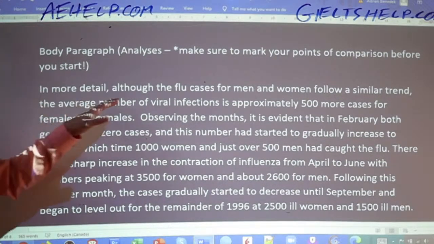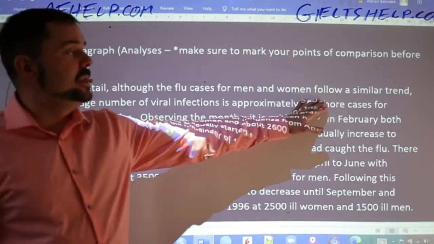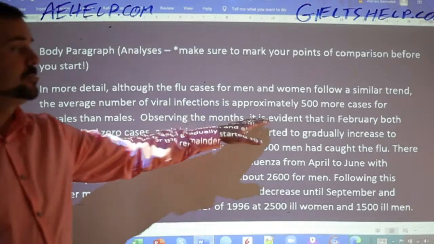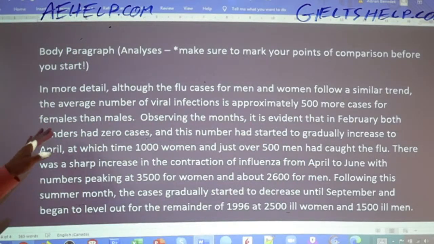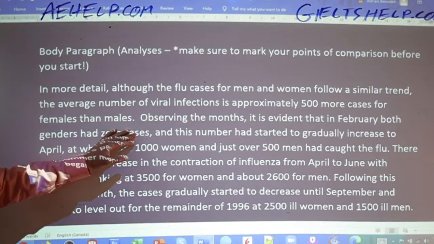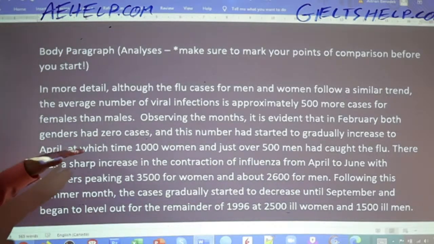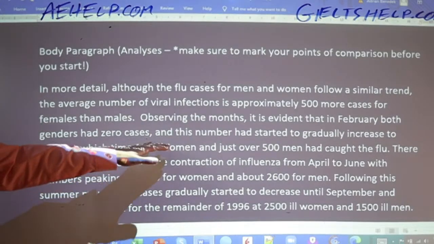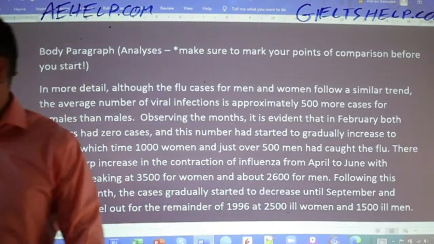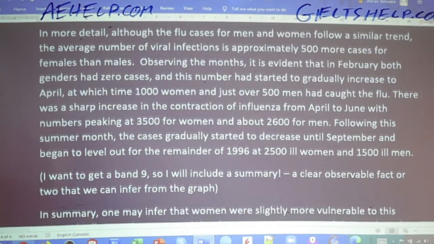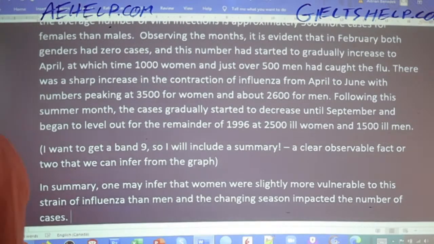In more detail, although flu cases for men and women follow a similar trend, the average number of viral infections is approximately 500 more cases for females than males. Observing the months, it is evident that in February, both genders had 0 cases, and this number gradually increased to April, at which time 1,000 women and just over 500 men had caught the flu.